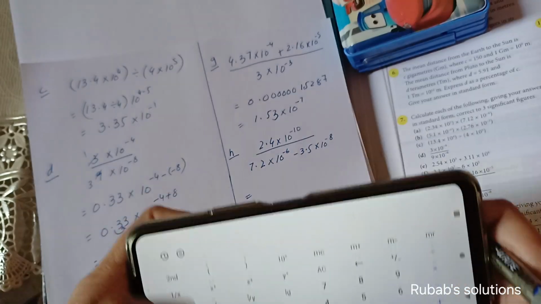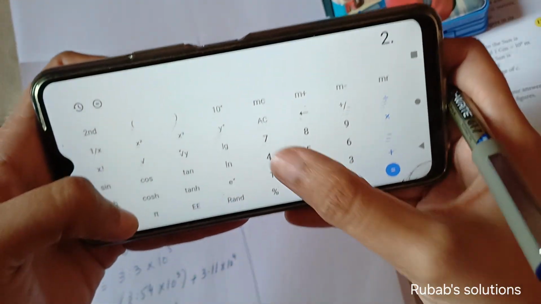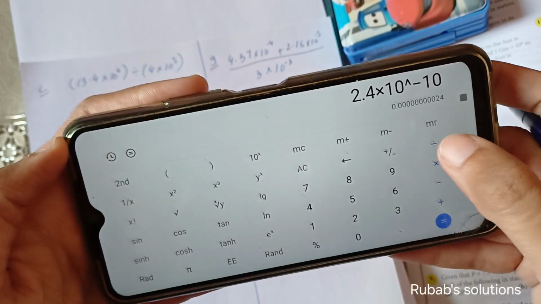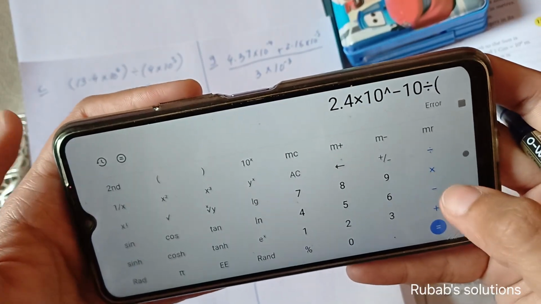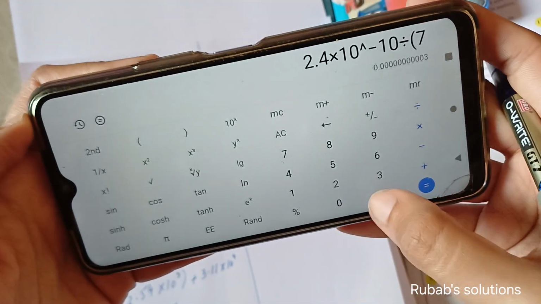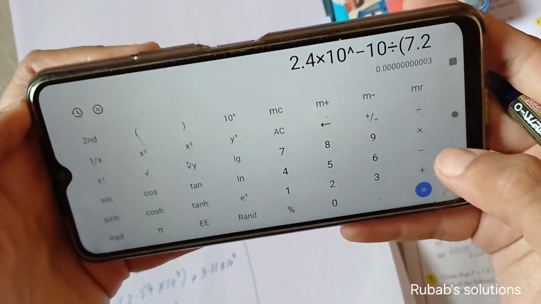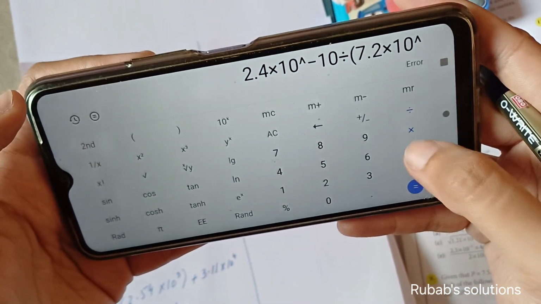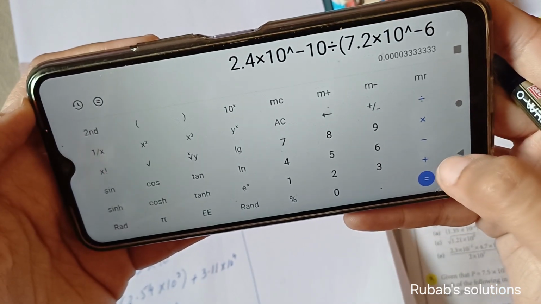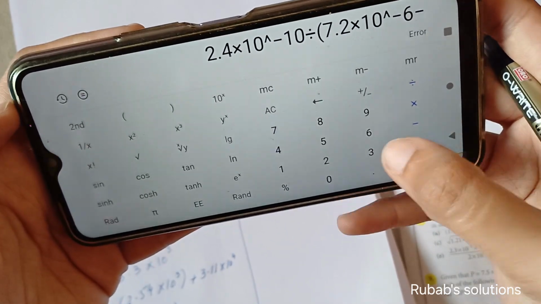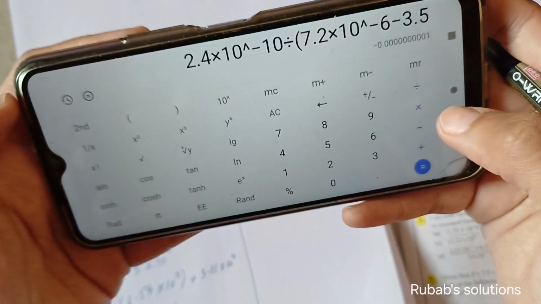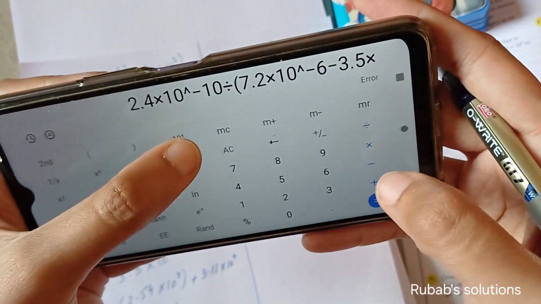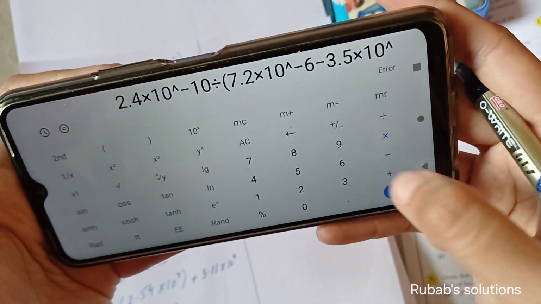Similarly, part H is 2.4 into 10 power minus 10, divided by the bracket. I have to write the bracket because there are numbers 7.72. While you are using the calculator you should also use the bracket, because otherwise it will apply the BODMAS rules and then your question will be wrong. It's minus 3.5 into 10 power... it's not 10 power minus 8.